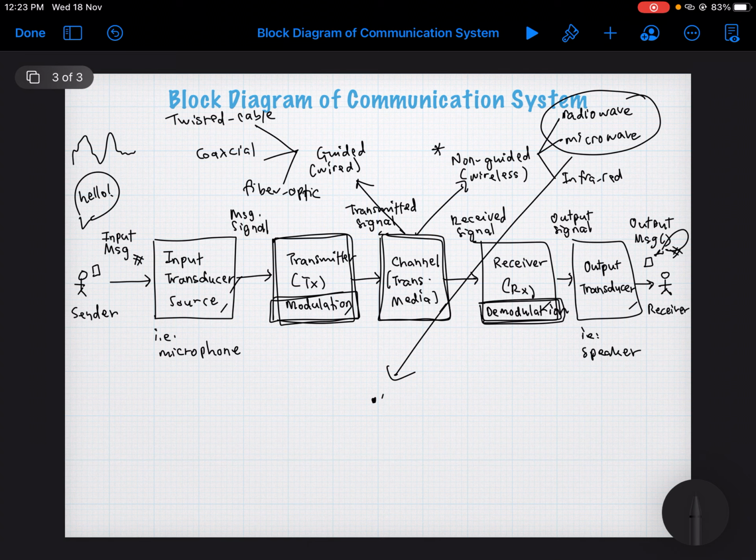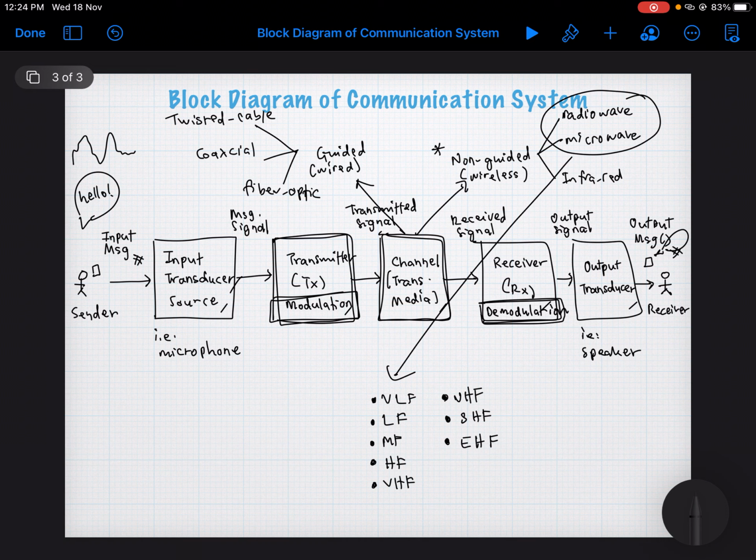We have VLF, which stands for very low frequency, and then we have low frequency, middle frequency, high frequency or HF, very high frequency, and then we have ultra high frequency, super high frequency, as well as extremely high frequencies.